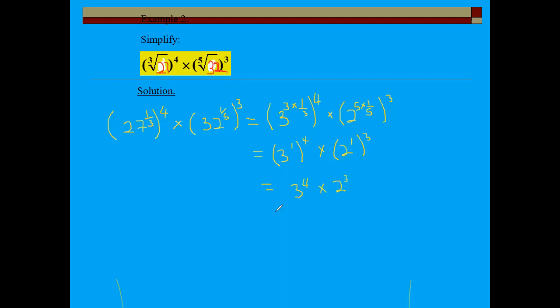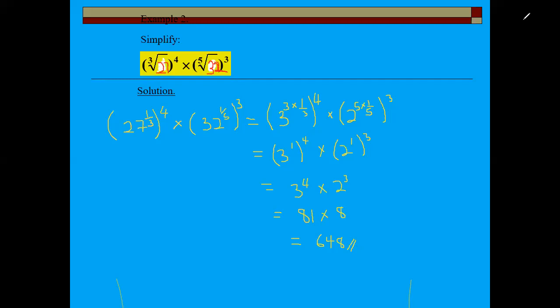Okay, so 3 raised to power 4 will give us what? 81. 81 times 2 raised to power 3, which is 8. So when we multiply, what are we getting? 648. Thank you very much. Well done.